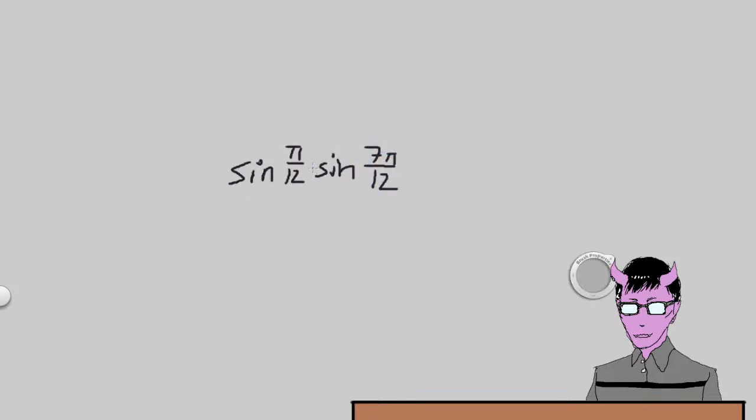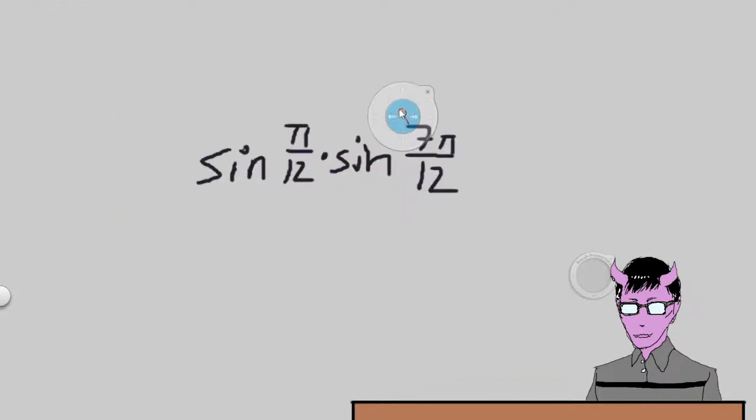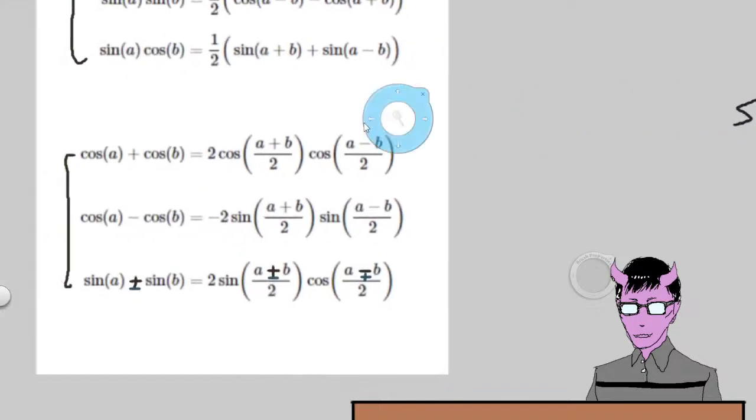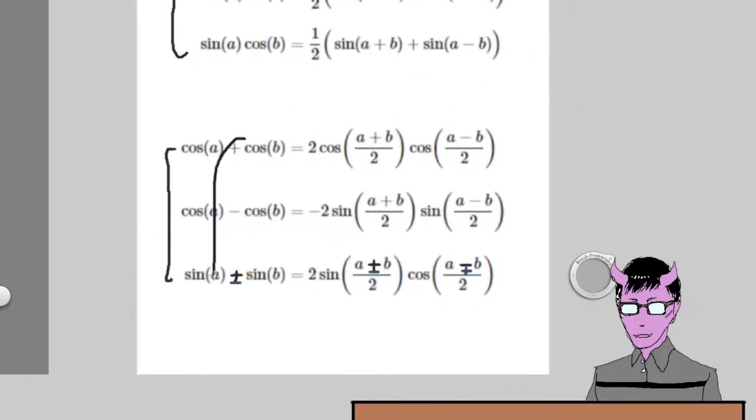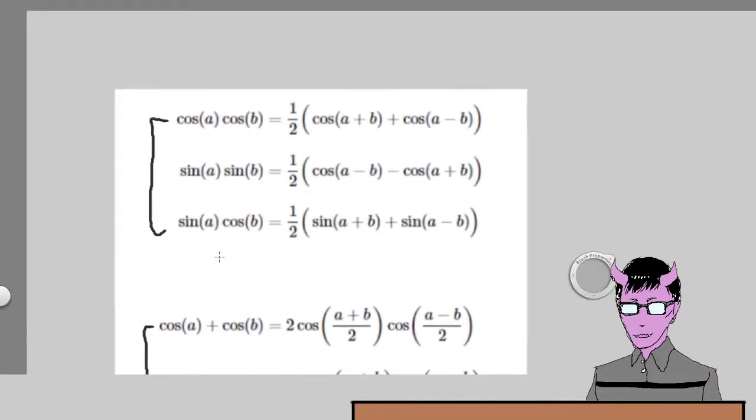We have a sine thing times, not plus or minus, a sine thing. So I just threw this in randomly. Hope you were able to see it. So this is going to be a product, not a sum or difference. So not one of these. So we're going to default to one of those ones.